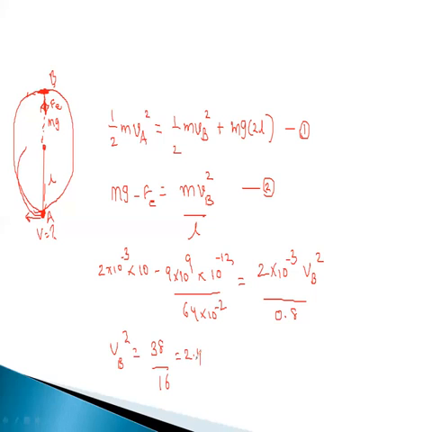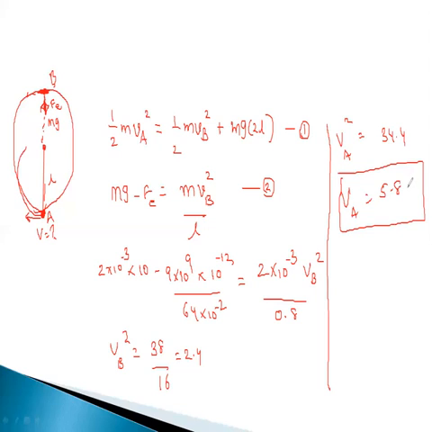That is the value of vB square. But finally you have to calculate vA square. If you substitute the value of vB square in the first equation, then you will get the answer for vA square. And vA square nearly we got 34.4 and vA is nearly equal to 5.8 meter per second.